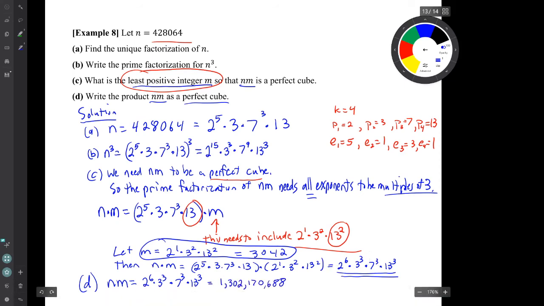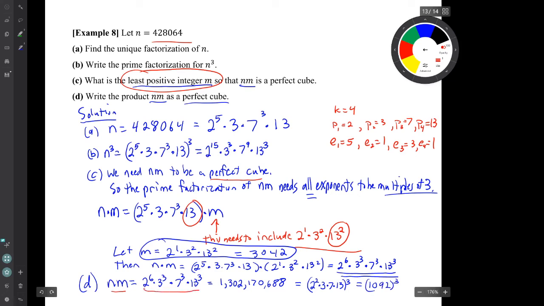But that's not what the job was. The job was to write that as a perfect cube. There's the factorization rewritten as a cube. So what is that number in parentheses? That's 1092 cubed.